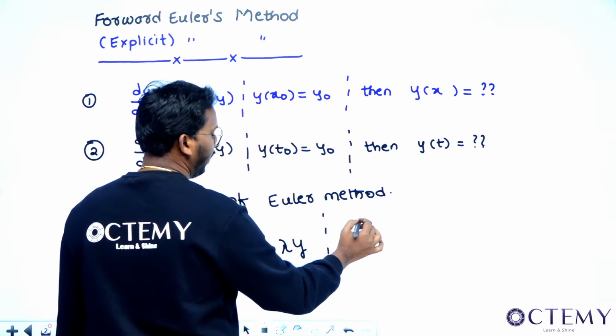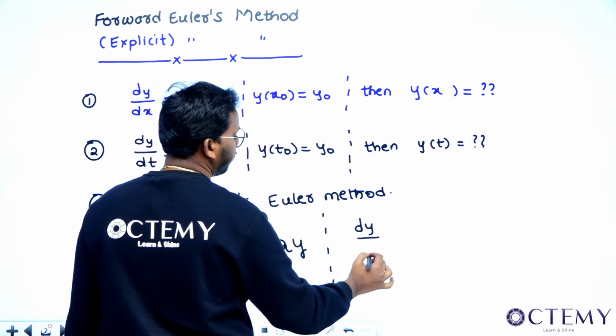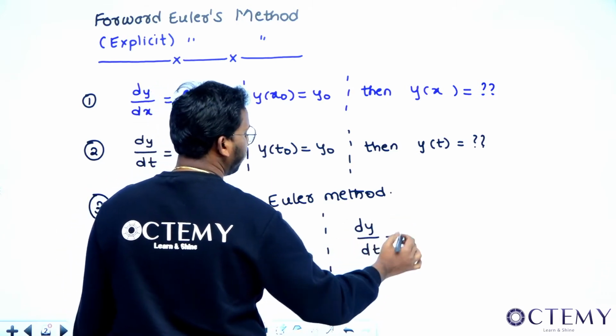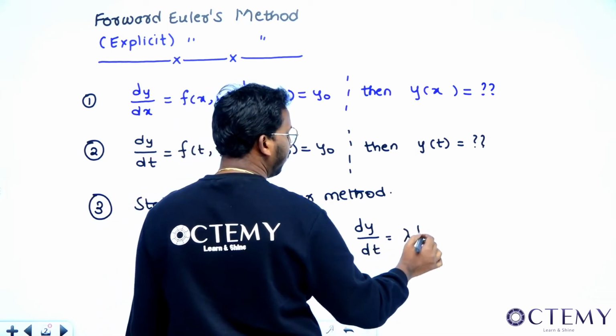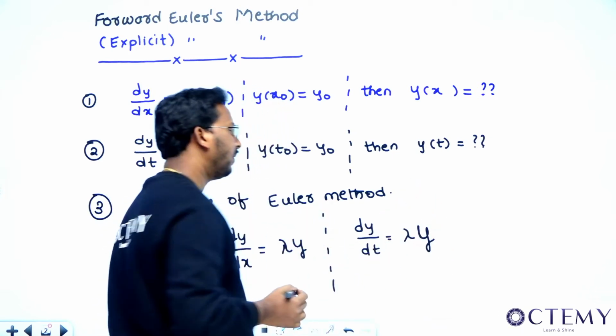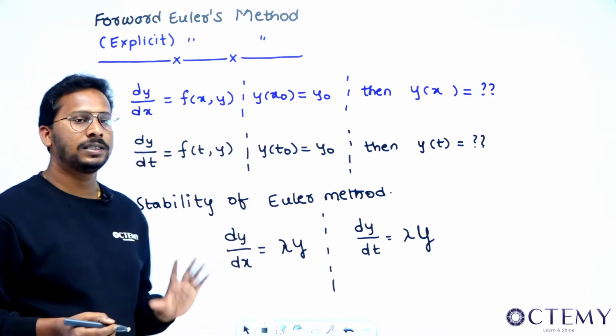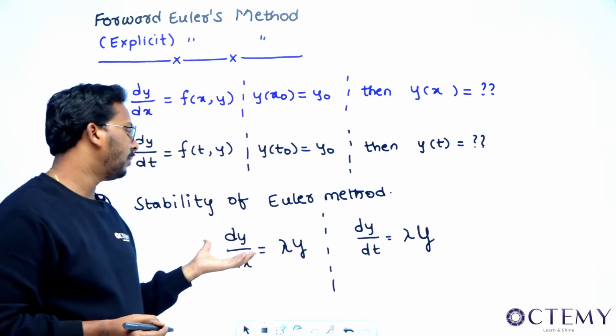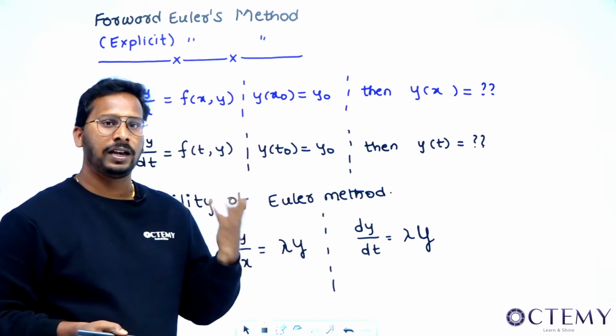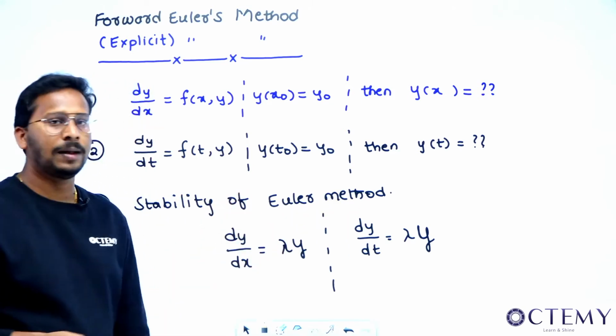Or dy by dt is equal to some, you can call it any lambda, any variable, sir, into, say, y. Like this they will ask you, and they will ask you whether the Euler method which you are applying is stable or not, or for it to become stable, what is the minimum step size you should take, and they will ask you the condition based on lambda.